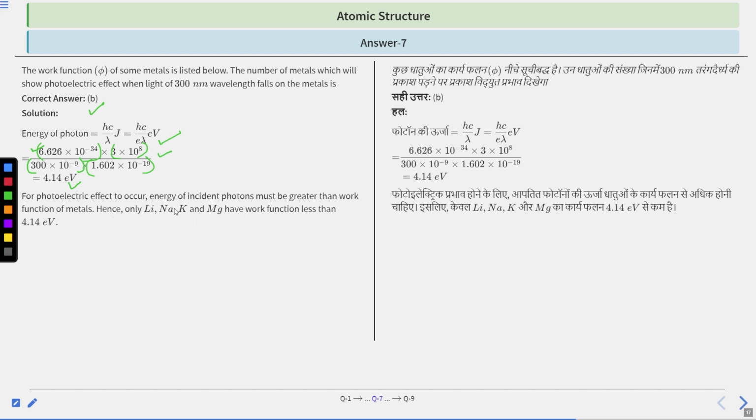So the energy of the incident photon should be greater than the work function of the metal, and we just check in the table whose work function falls in that category.